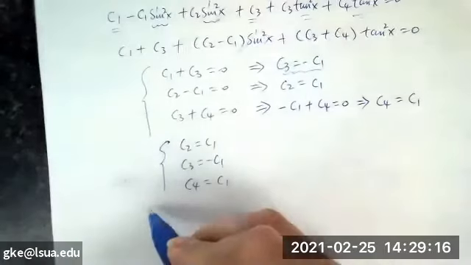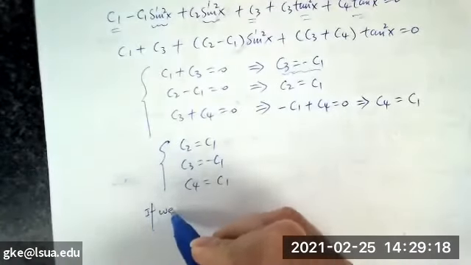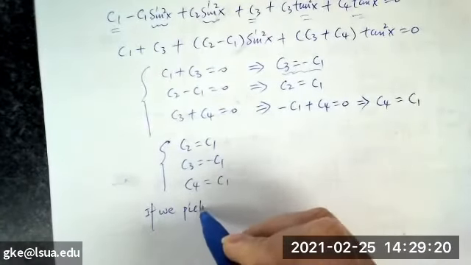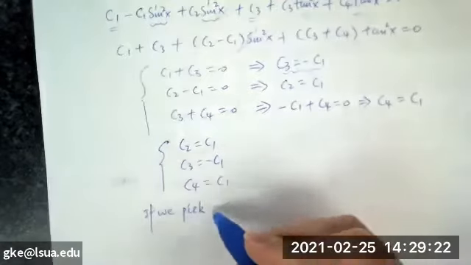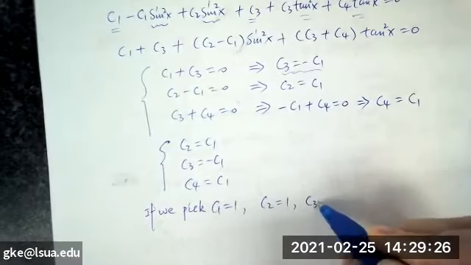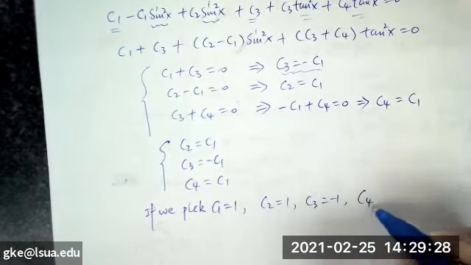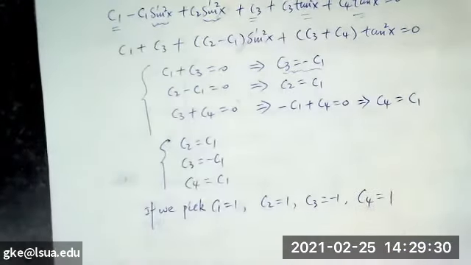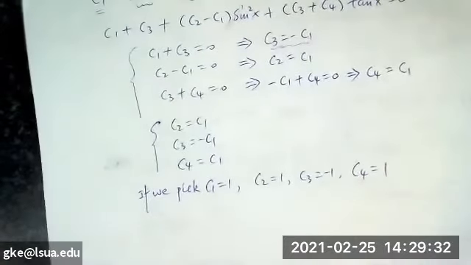If we pick the easiest one, C1 equals 1, then C2 equals 1, C3 equals negative 1.